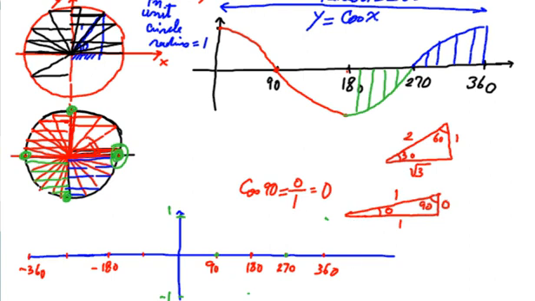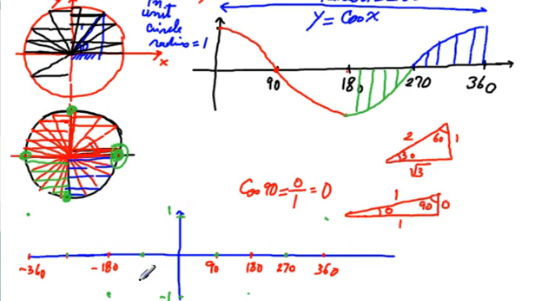On the negative side, what do you think is going to happen? Well, if you go to 180 or you go to minus 180, the same point on the circle is going to have the same cosine. So at minus 180, our picture has to be a copy of whatever it was at 180. So at minus 180, what am I going to have? Negative 1. At 360, positive 1.